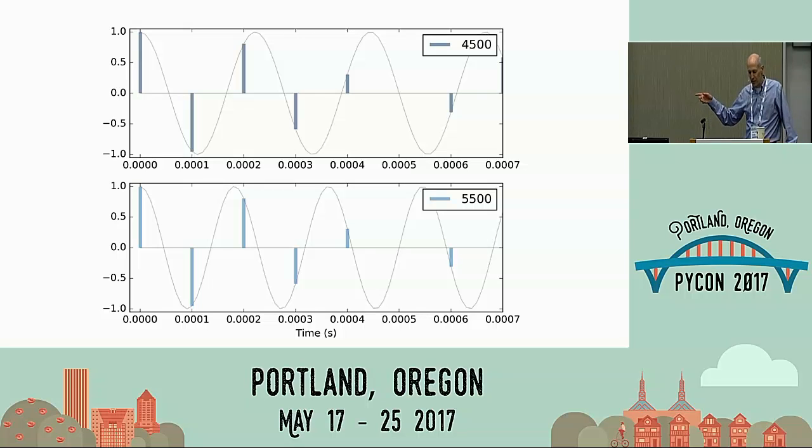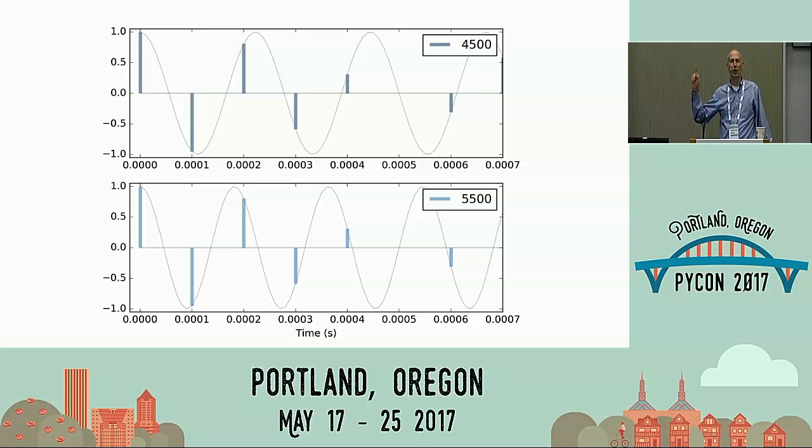And here's the example. If I am taking samples at 10,000 hertz, so I'm taking a sample every 10th of a millisecond, and I have two signals, and one of them is just a pure sinusoid at 4,500 hertz, the other one is a pure sinusoid at 5,500 hertz, I've chosen those two examples because the samples that you get are exactly the same for those two signals.